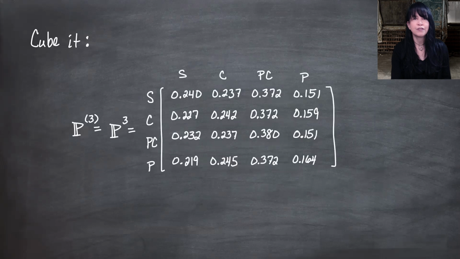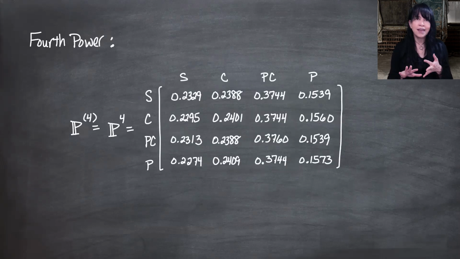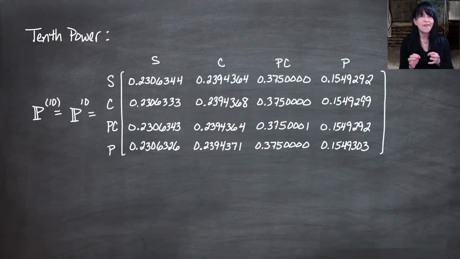I'm going to take this to the 4th power and make a 4-step transition probability matrix. Look closely at this matrix. Are you seeing anything interesting happening here? I'm going to jump ahead and take like the 10th power of this matrix. And now ask again, are you seeing anything interesting happening here?